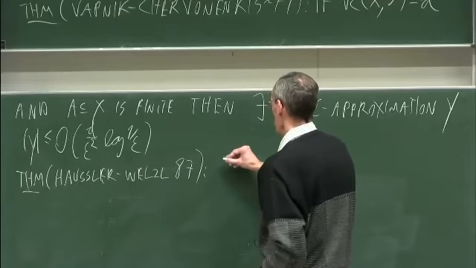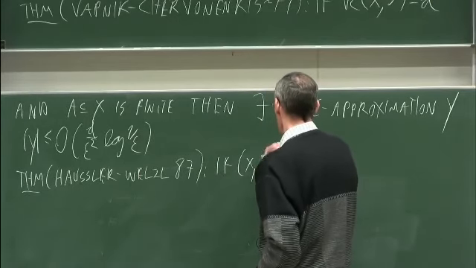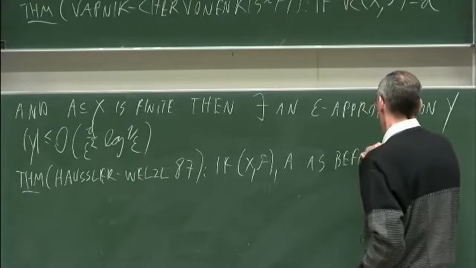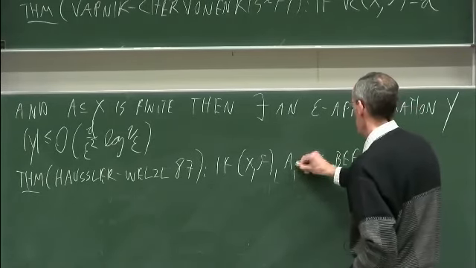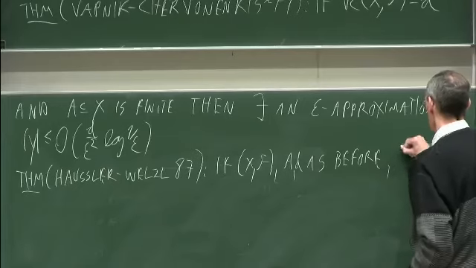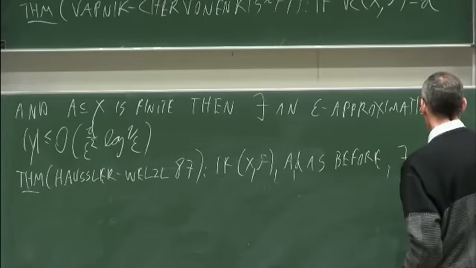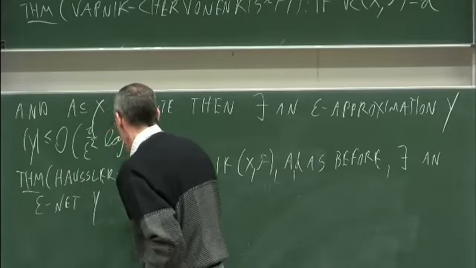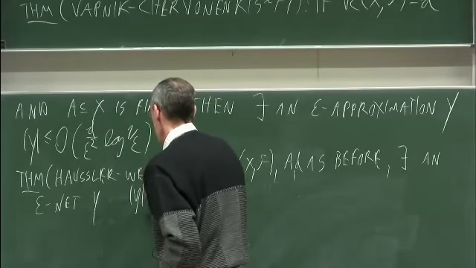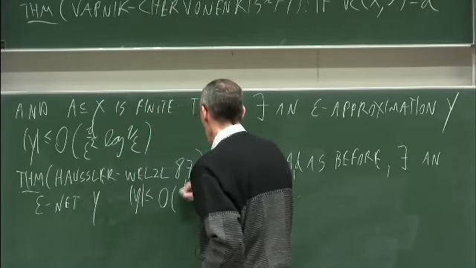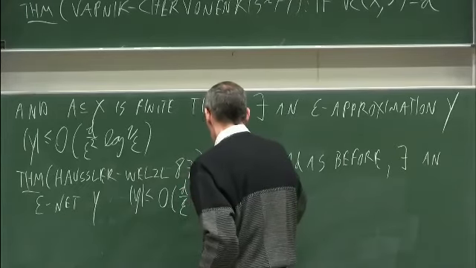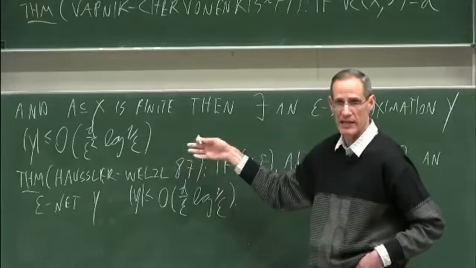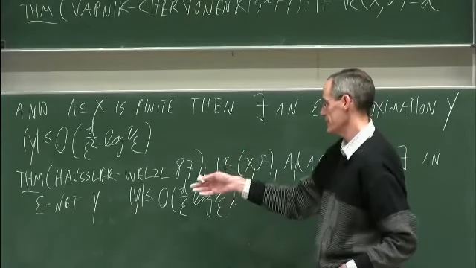If (X, F), A, and D are as before, then there is an epsilon net Y for A, and the size is at most a constant times D over epsilon times log of 1 over epsilon. But you see that in both cases it's something that is independent of the size of the set A.